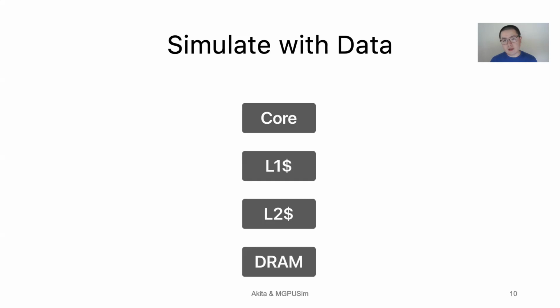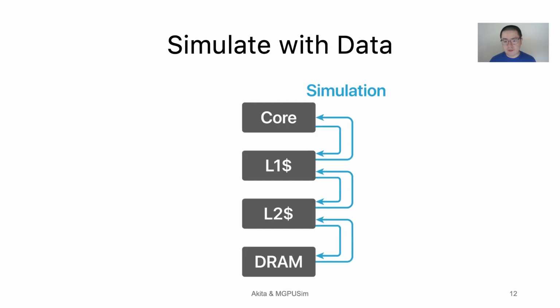One example of how we support this no magic rule is that we support simulation with data. Typically, a simulator would implement the simulation in a way that the simulation is separate from the emulation process. In the simulation part, a core may send a request to the L1 cache, then this L1 cache sends a request to an L2 cache, then this L2 cache may send a request to a DRAM, and this DRAM may return this message back to the core.